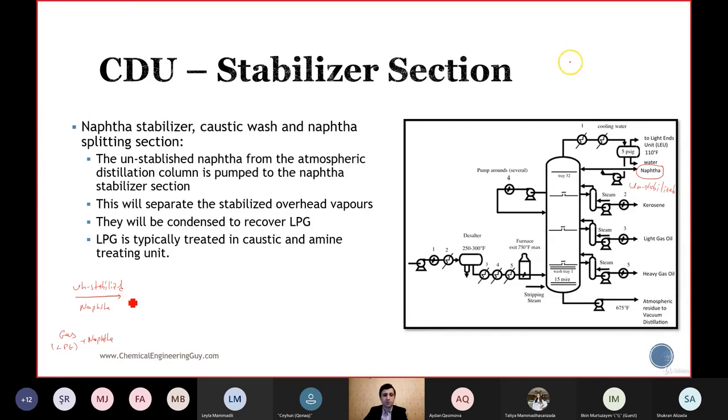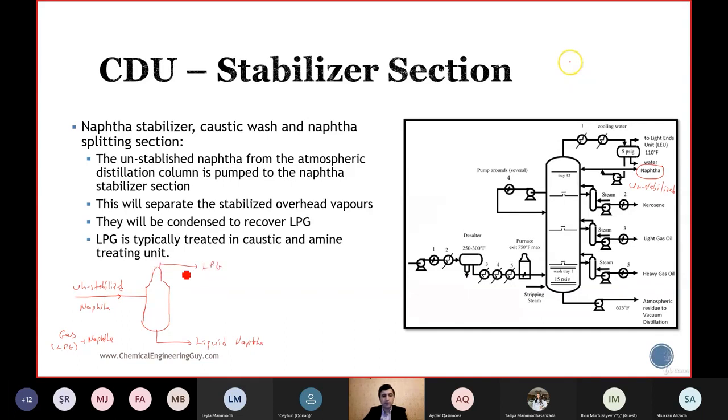Stabilizing means that we are sending it to a stabilizing column, and we are separating the liquid naphtha from the gases, LPG.